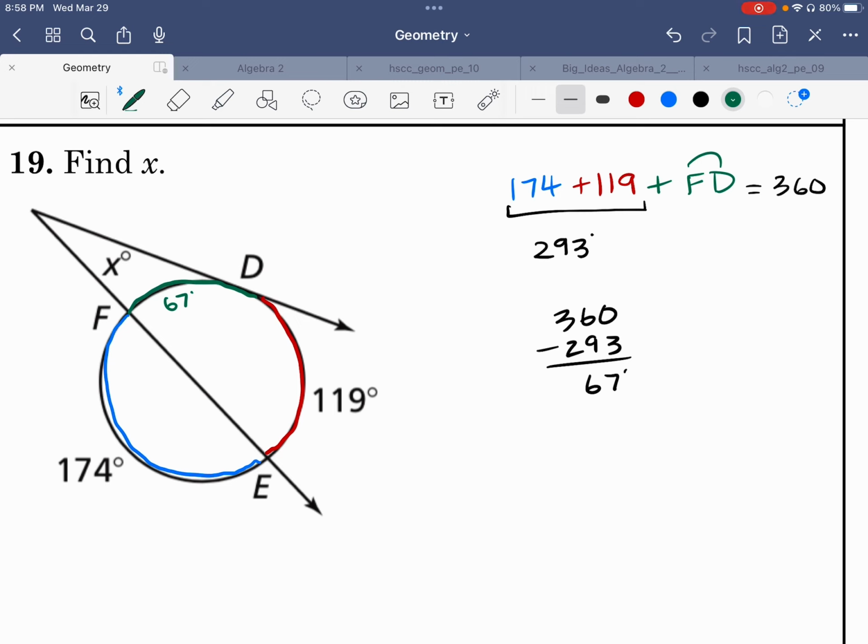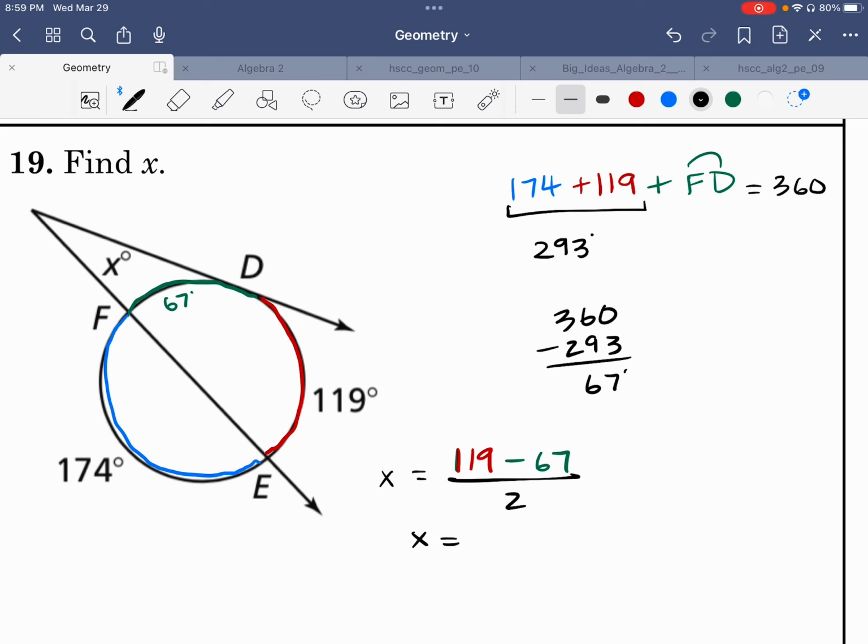Both of those subtend the angle with x in it. So we can take the red arc, the 119, the larger of the two, and subtract the smaller one, the 67. Then double x is equal to the two arcs being subtracted, so we divide that by 2. I like this one because the x is already by itself.